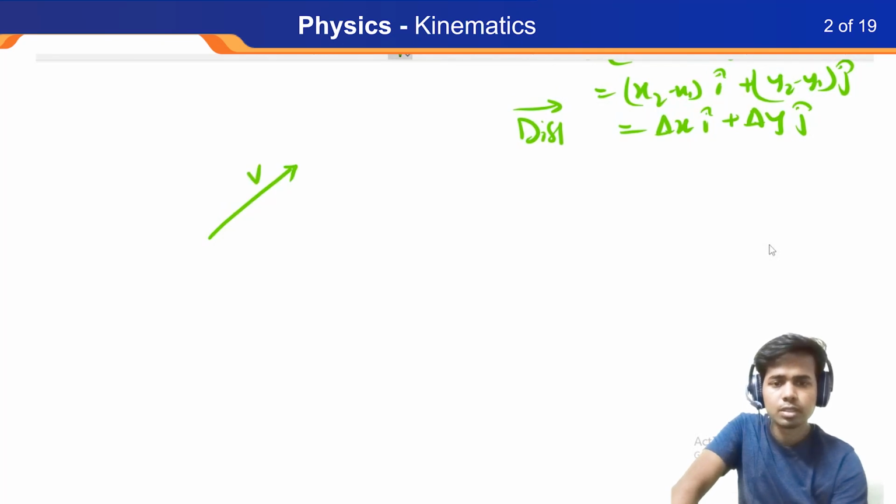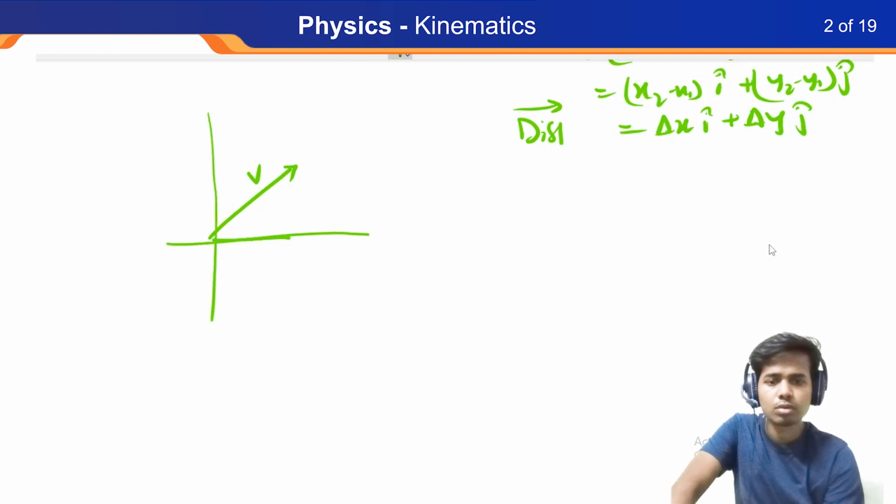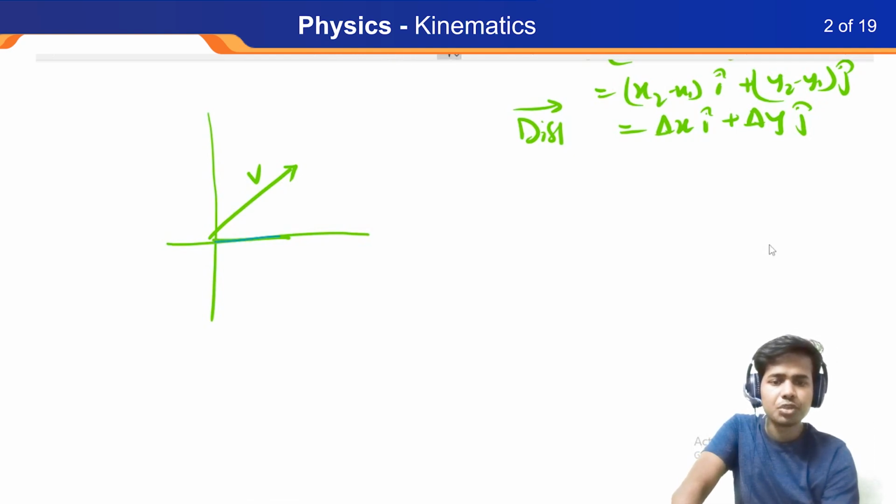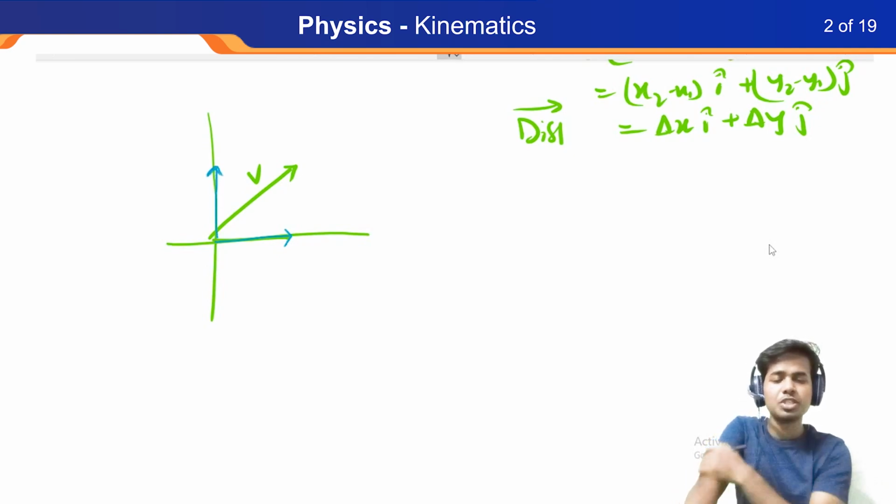Right. And what you can do is draw quadrants and break the vector into two different vectors so as to write it in the format of i cap and j cap.